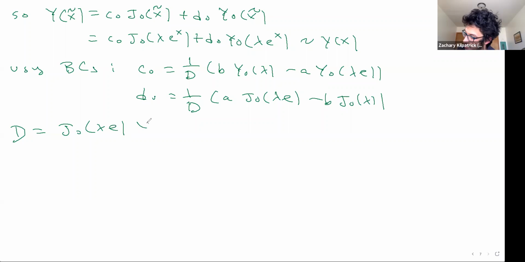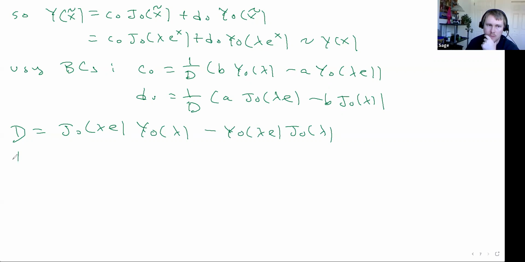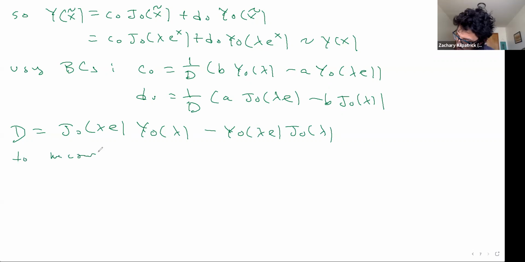And d here is equal to this difference of products of your first and second kind Bessel functions. Now we have the leading order approximation. To measure our error, we're going to look at order epsilon squared.